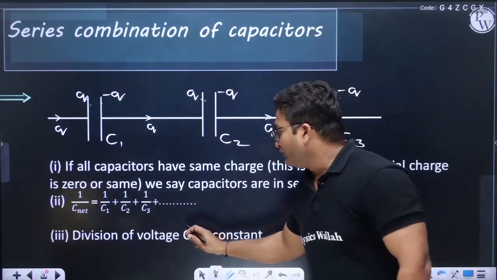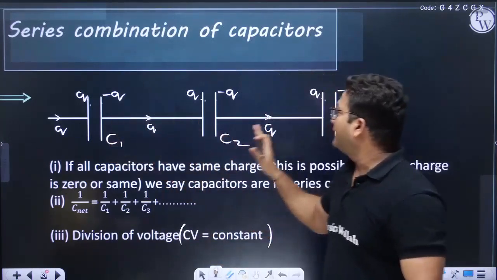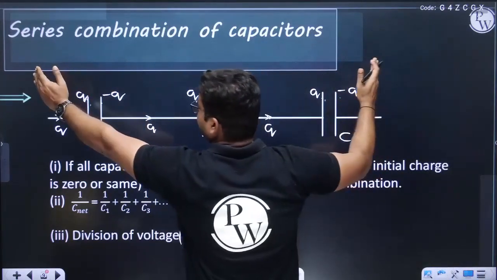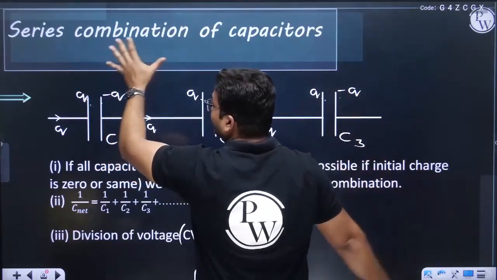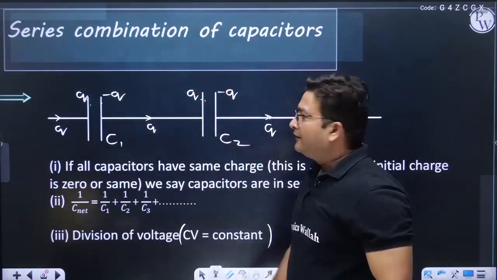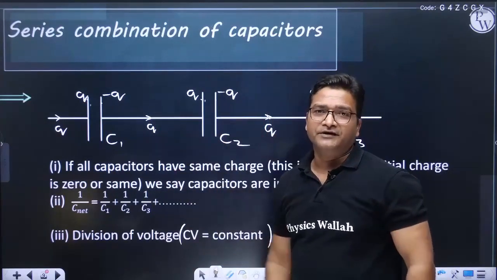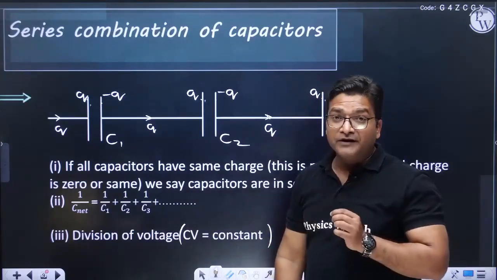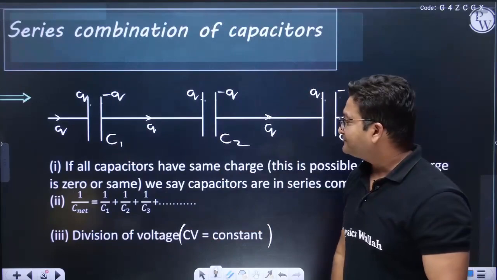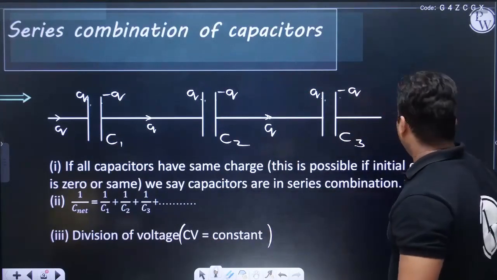Here the voltage is divided. You apply a voltage V across these three, so V will be divided into three parts: V1, V2, V3. So V1 plus V2 plus V3 would be equal to the total voltage V. So we see the division of voltage and the same charge on each capacitor. That is the point of series combination of capacitors.